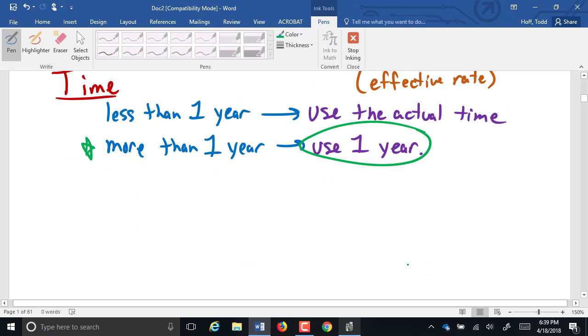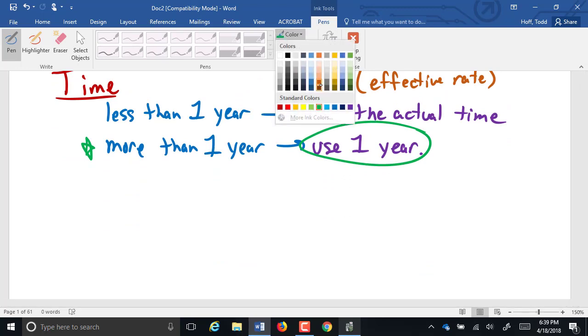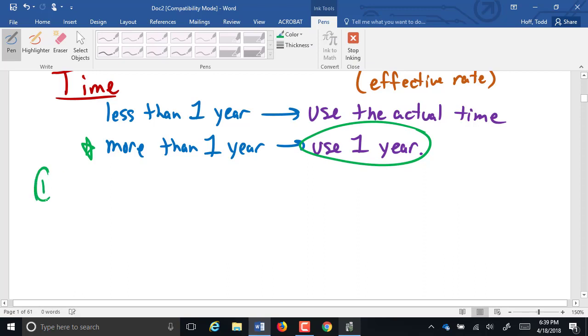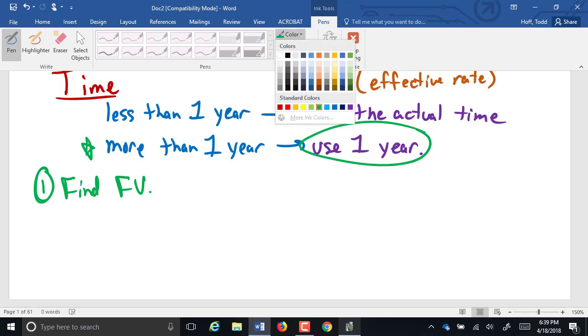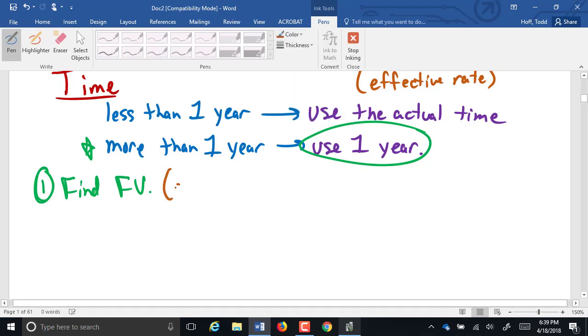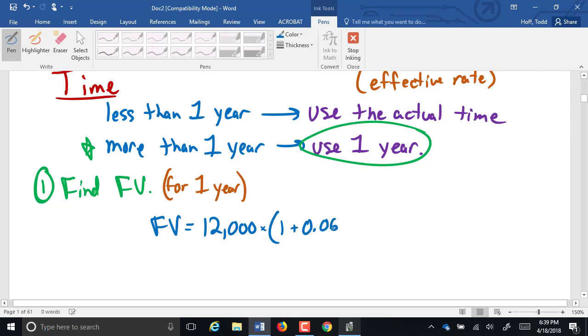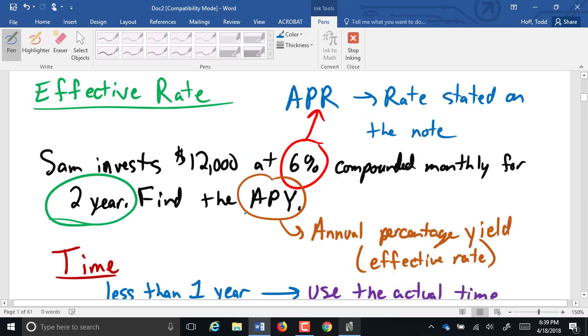So our first step in the APY is to find the future value. In this case, since it's for more than 1 year, we're going to go for 1 year. So our future value is going to be, that was $12,000 times 1 plus 0.06. That was compounded monthly.